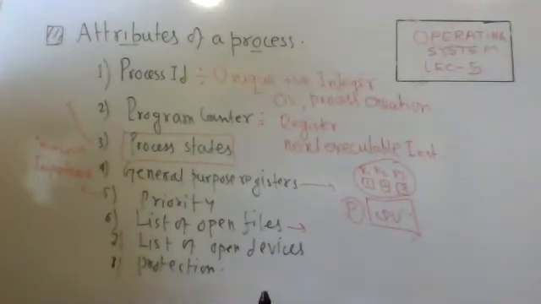Some files are open for reading and some files are open for writing. So, in a particular process, there is a list of open files: which file is open and for which purpose, for reading or for writing.